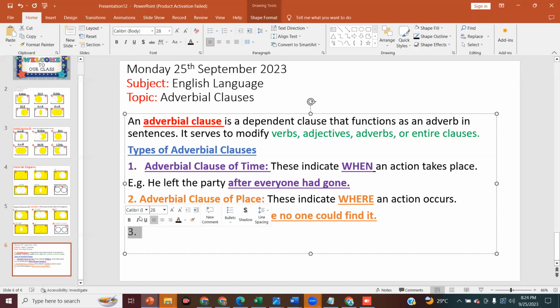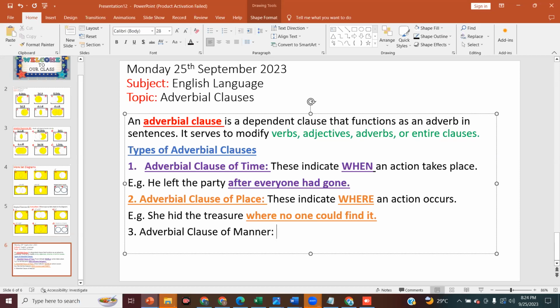It's gonna get a little interesting, so please pay close attention. So we have the adverbial clause of time, adverbial clause of place. Now we want the adverbial clause of manner.